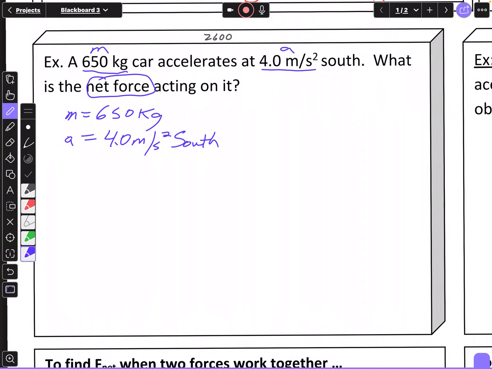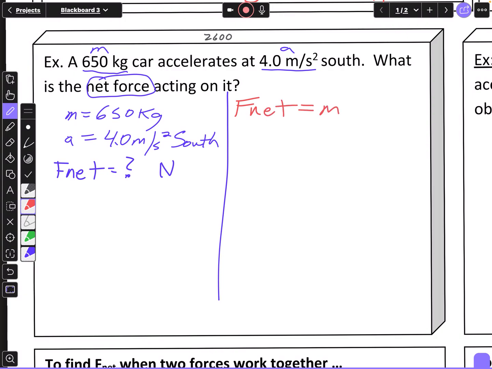What is the net force? So I'm solving for F net. Force has units of newtons. Next, my equation. F net equals ma. Plug in.